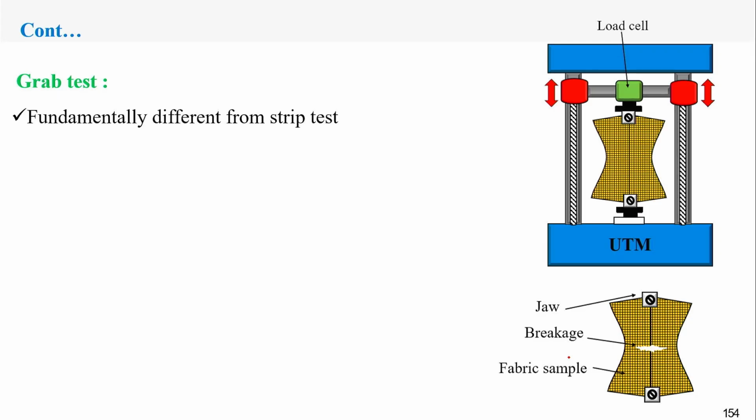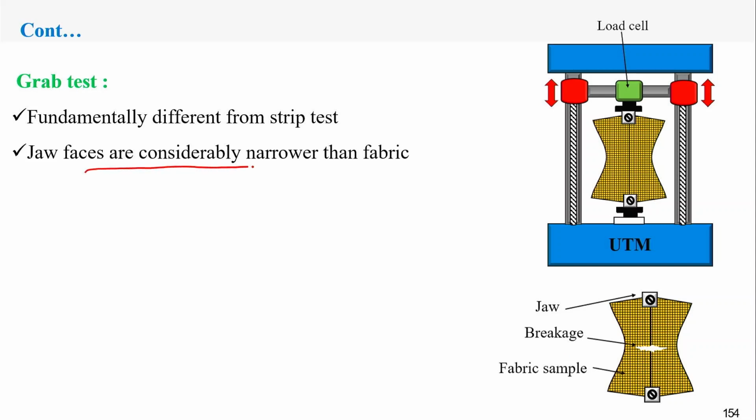So, grab tensile stress is fundamentally different from the strip test. Okay. The jaws are considerably narrower than the entire fabric width. If we see, this is the fabric width, and the jaw is considerably narrower than the entire actual fabric width. In this way we can measure the strength. So, there is no need to fray the yarn.